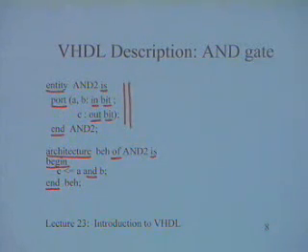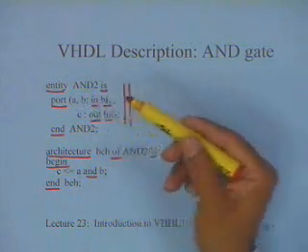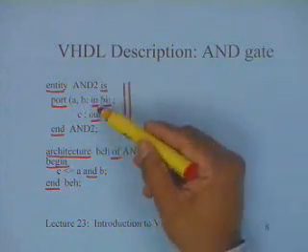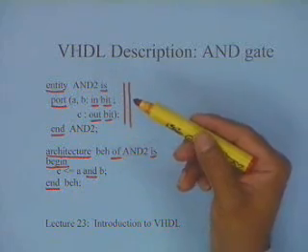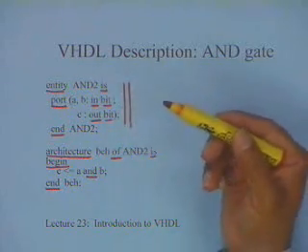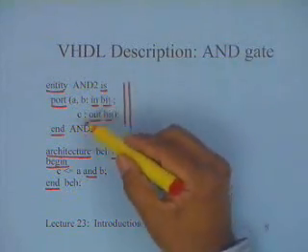There will be only one entity for a particular component, and this entity is declared as: A and B are 2 inputs, and they are of type bit. Bit, of course, is a standard type, but you can also define your own user defined types and so on. We will see more examples of that later on.